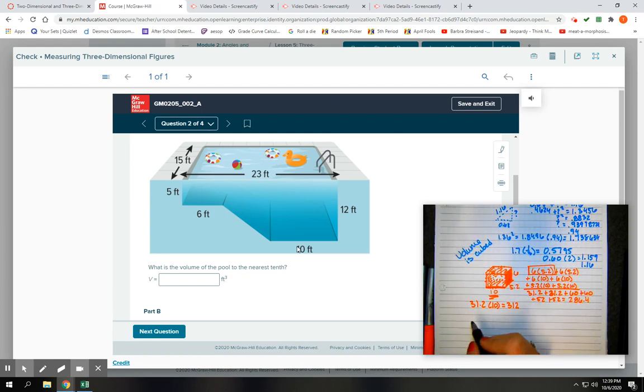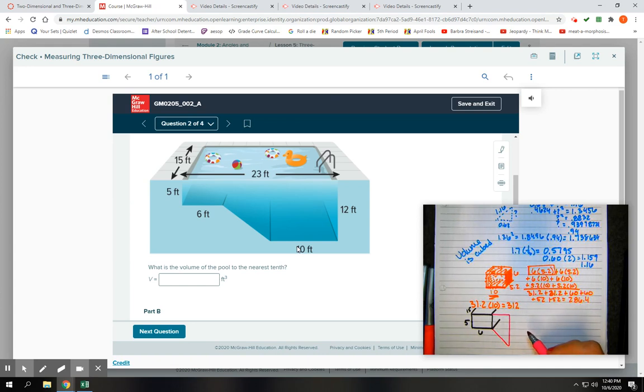So for the first one, we're looking at 5 by 6 by 15 for the first section of the pool. Then the next section is something like this, right?